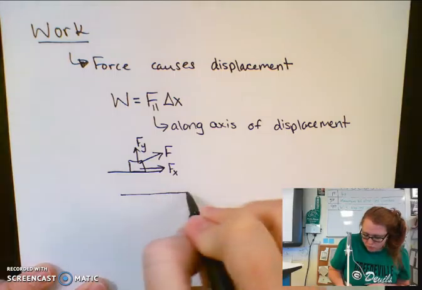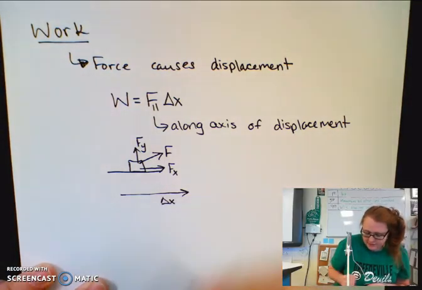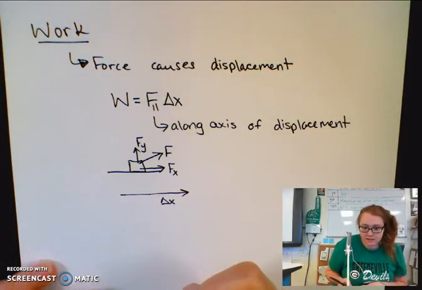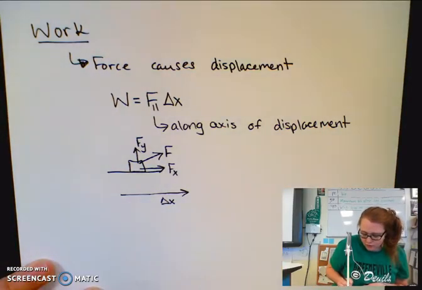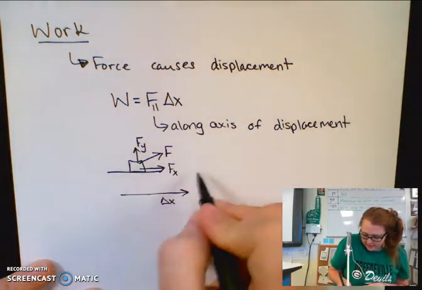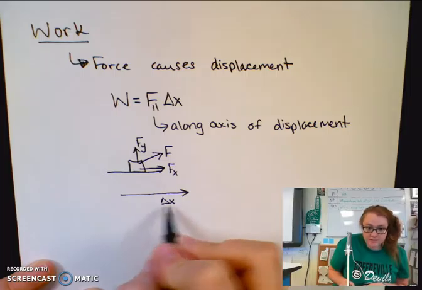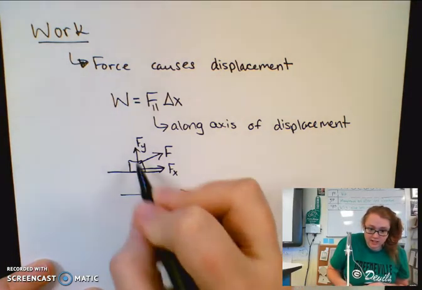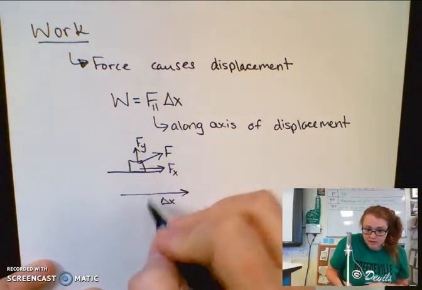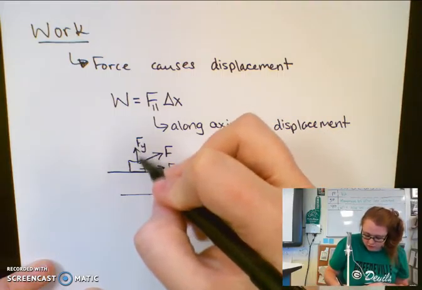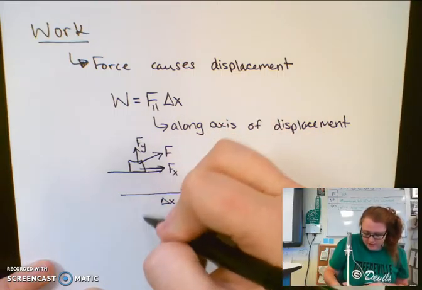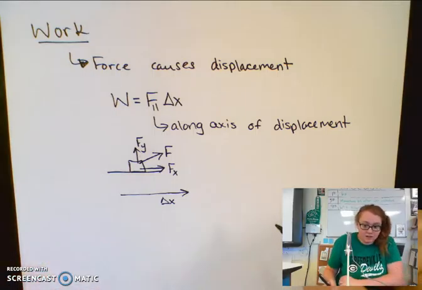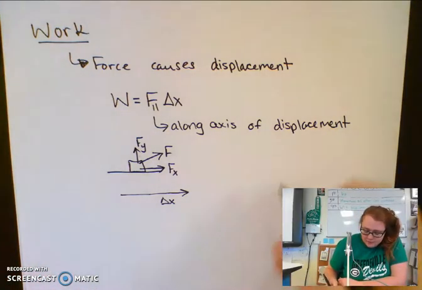Now, we know that since this force is at an angle, it's not on my axis, we would actually say that there's a horizontal component and a vertical component. Now, if we were moving, so I'm going to say delta x is to the right, we're moving to the right, this horizontal force is along the axis of my displacement. If I was moving up or down, then the vertical force would be the force that I'm interested in, because that would be along the axis of displacement.